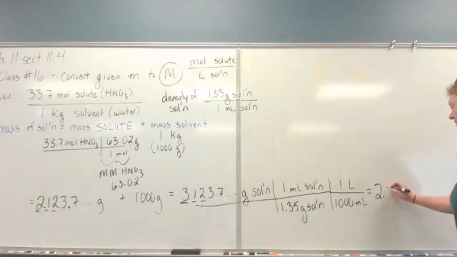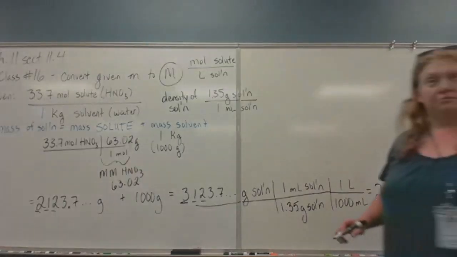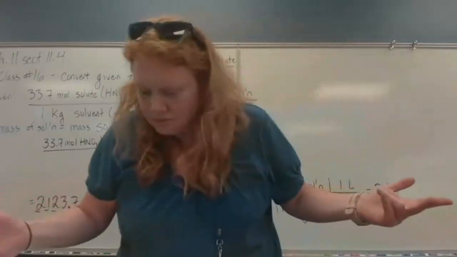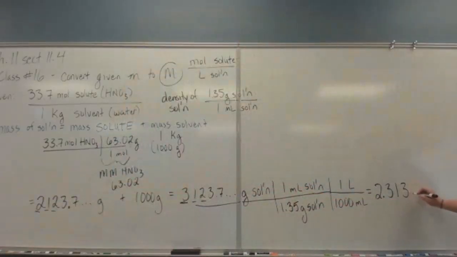That's what I got. 2.3139, blah, blah, blah. So I got some more stuff after that. 3 sig figs, liters of solution. Right? Okay.